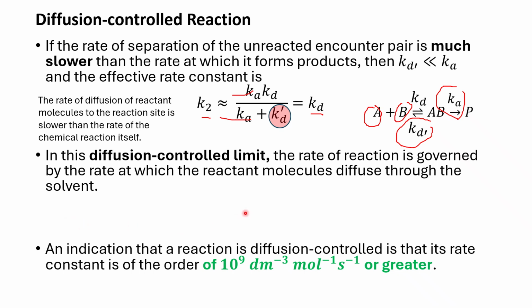Usually, the rate constant for this type of diffusion control reaction is greater than 10 to the power of 9, and the activation energy for the encounter pair to overcome is very low.